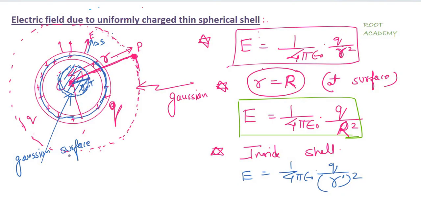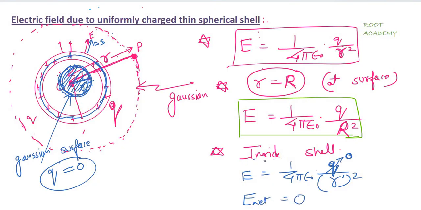What is Q enclosed? It is nothing but 0, because all the charges are outside the Gaussian surface, as the shell is outside. So within this region the net charge enclosed is 0. If I put Q equal to 0, the net electric field inside will be 0. So inside the shell, the net electric field is 0.